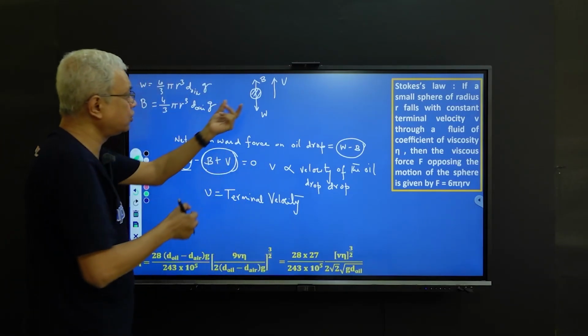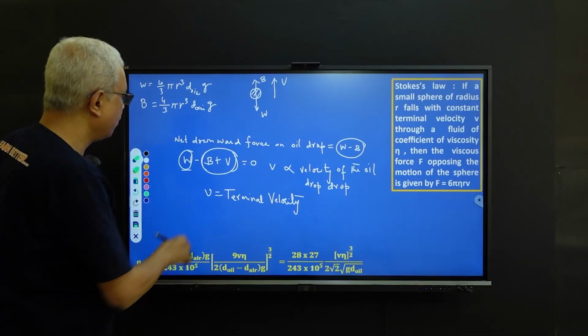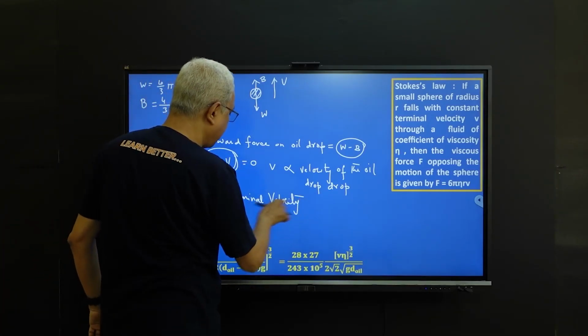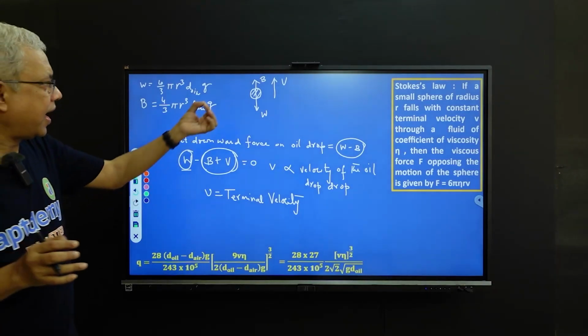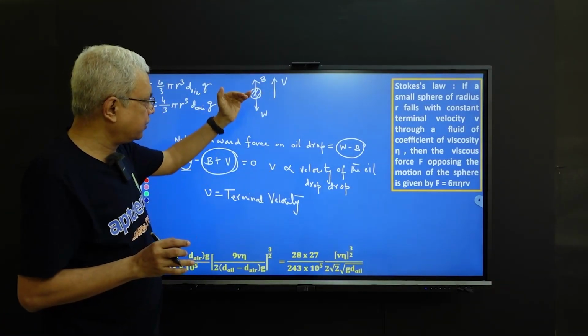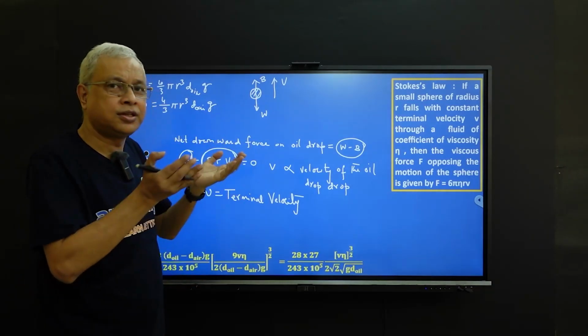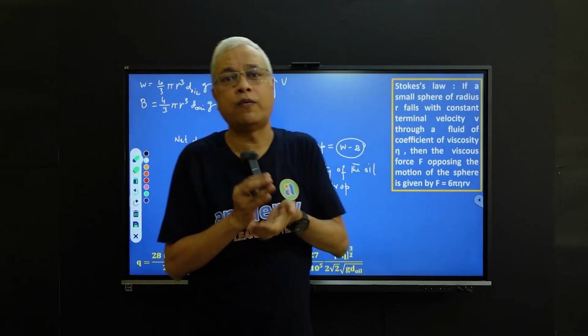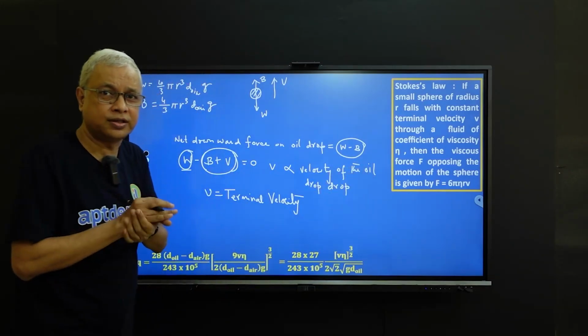That means the net force on the oil drop becomes 0 when the oil drop achieves the terminal velocity. So the mechanism is, as the oil drop falls down through the air medium, its velocity is increasing, and as the velocity is increasing, the viscous force offered by air on the oil drop is also increasing.